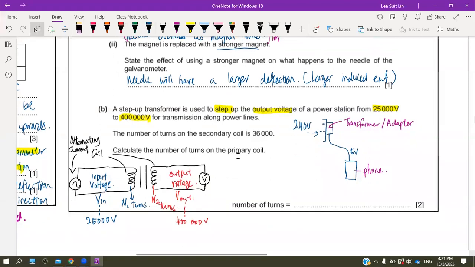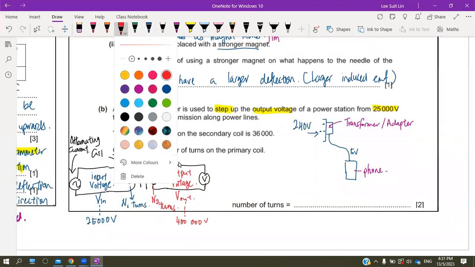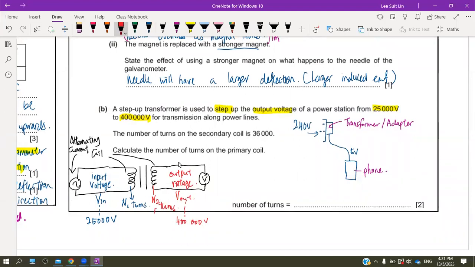The number of turns of the secondary coil is 3600. N2 is 3600. Primary first, then secondary. So the input is connected to the primary, the output is connected to the secondary. You go to primary school, then only secondary school, right? Not reverse, right?